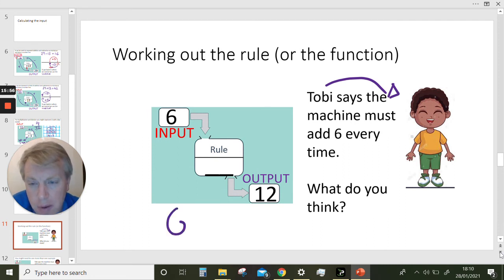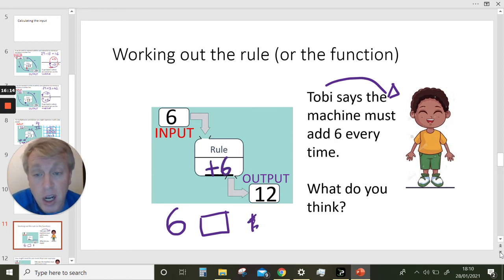What happened to that 6 to make it into 12? We've got to find the operation. Well, Toby says the machine must add 6, because he knows 6 add 6 equals 12.